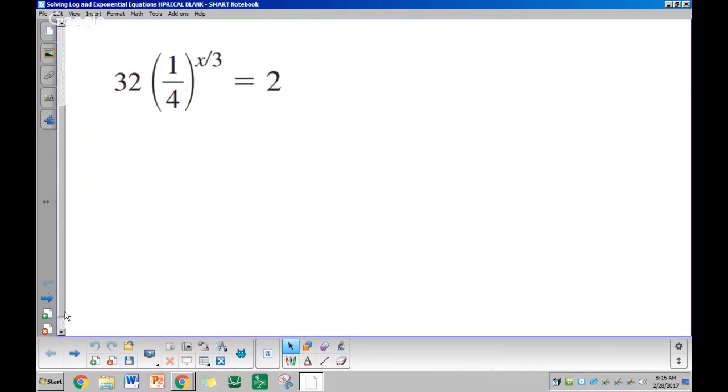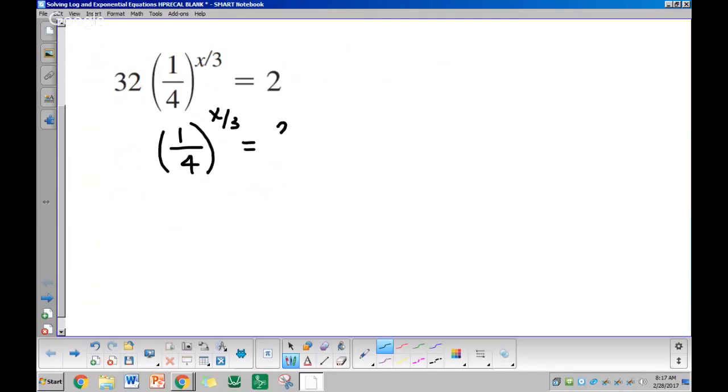When we can find the same base on both sides, the first thing we need to do is isolate the exponential. The exponential here is 1/4 to the x over 3, so we're going to divide both sides by 32. And so we get 1/4 to the x over 3 equals 2 over 32. Then we see if we can get the same base here: 1/4.